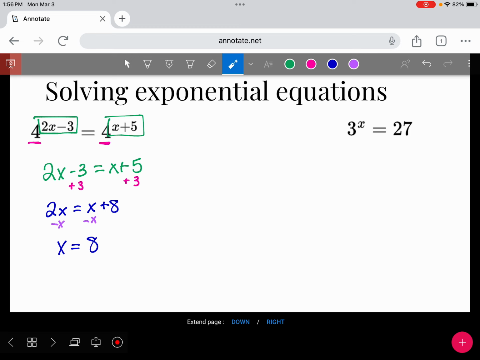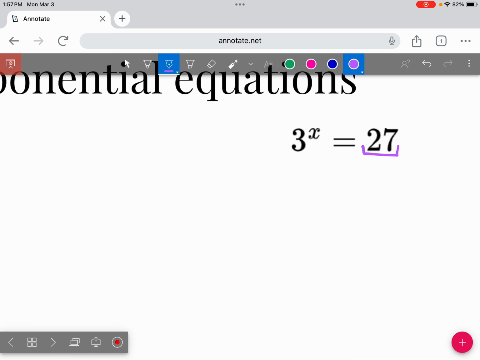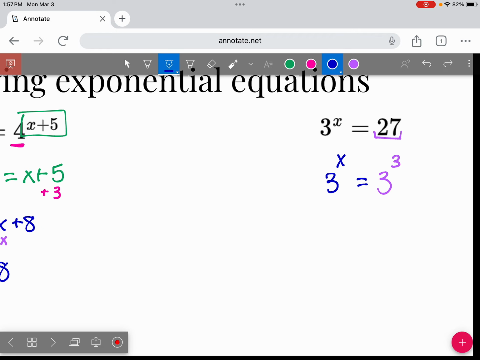It's the exact same thing as 3 cubed. 27 is 3 cubed. So I could rewrite 27 as 3 cubed. When does 3 to the x equal 3 cubed? When x is what?